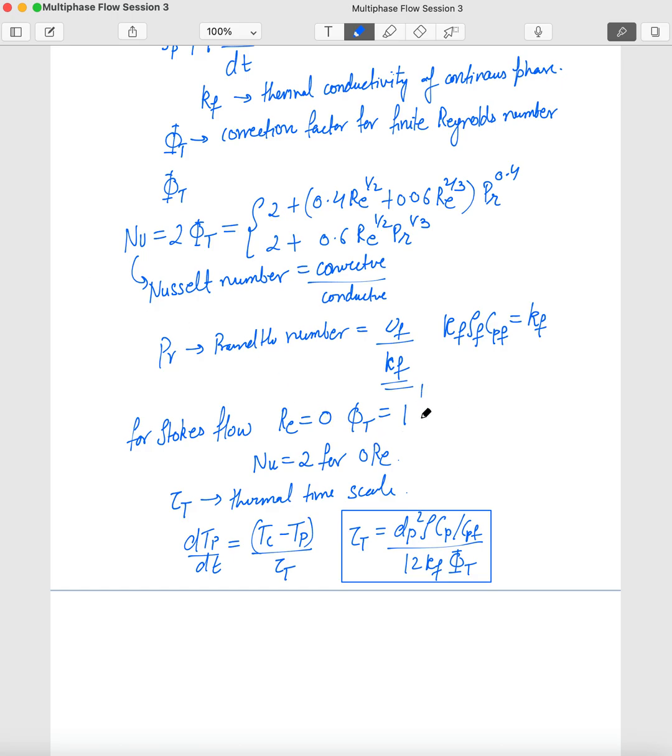So I think I didn't describe: Cp is the specific heat of the particle, and Cpf is the specific heat of the fluid or continuous phase.